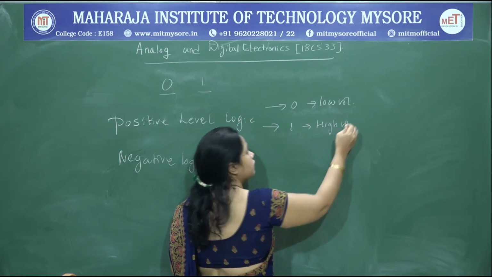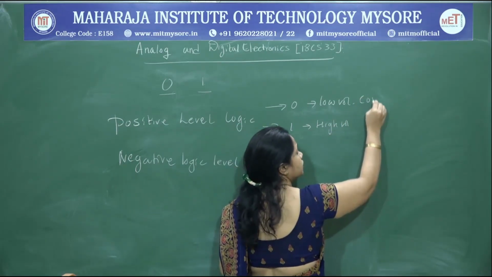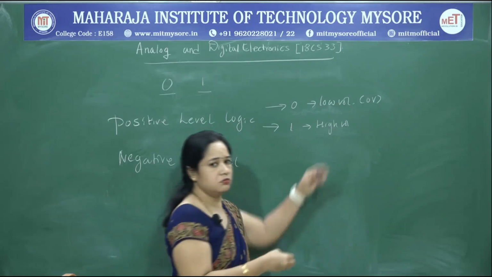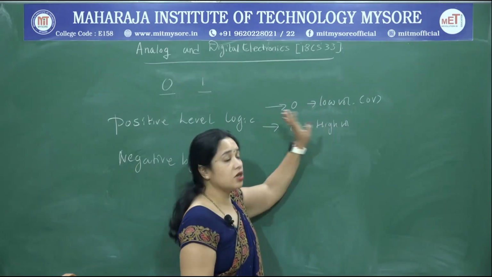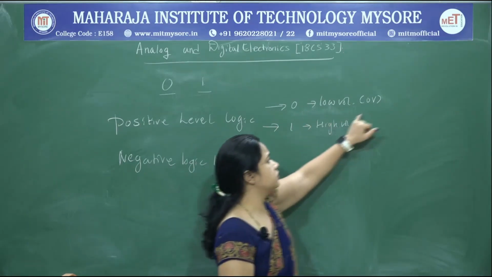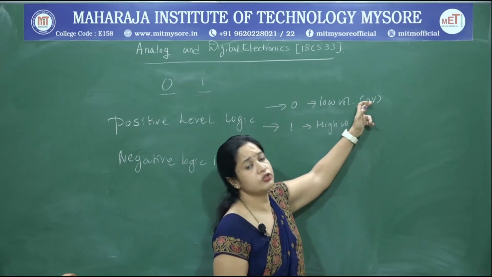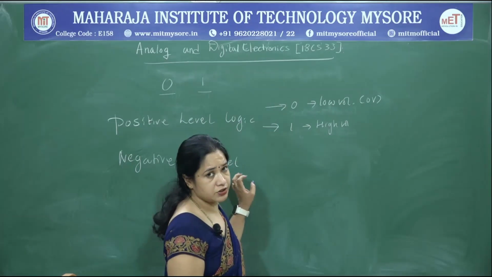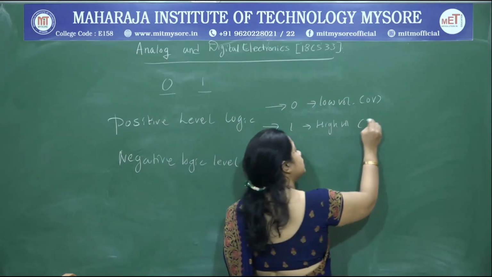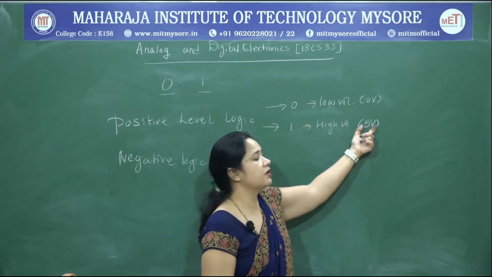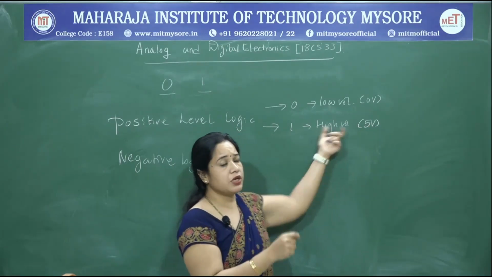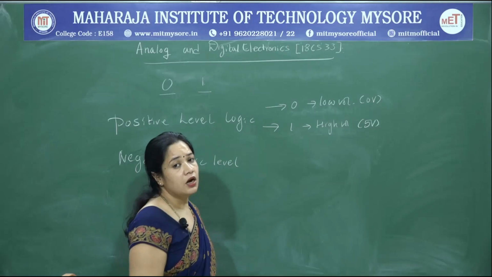By convention, we use 0 volts up to some minimal voltage to represent a 0. Ideally it is not exactly 0; up to say around 1.3 or 2 volts we use to represent a logic 0, and 5 volts is used to represent a 1, and again there is some permissible range up to which we can accept a signal as a 1.